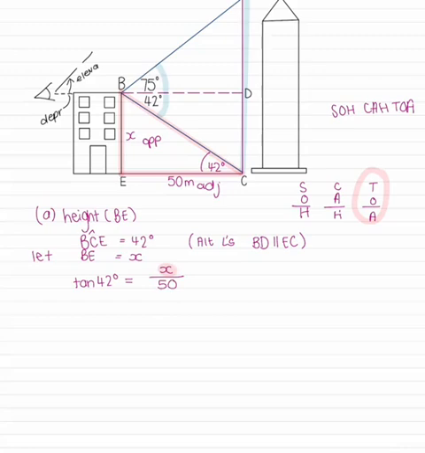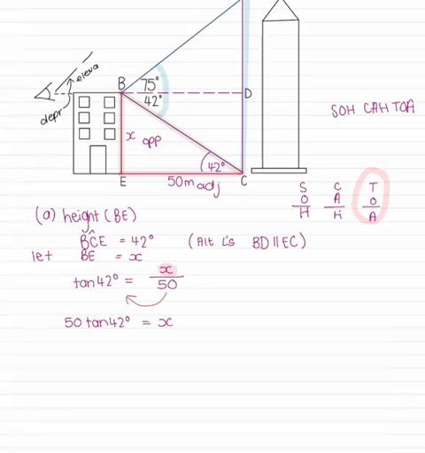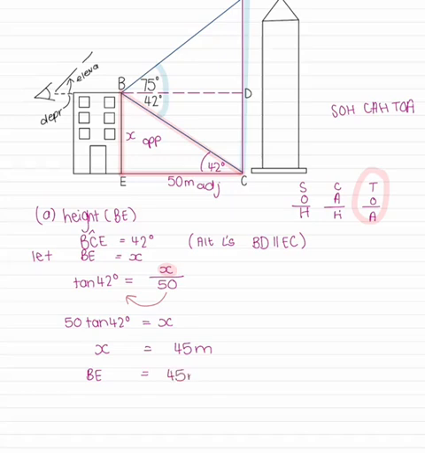So I need to take this 50 across, leaving me with 50 tan 42 degrees is equal to X. Thus, X must be the value of 45 meters if we are rounding it to the nearest meter. Thus, BE is equal to 45 meters. So there I've answered A.